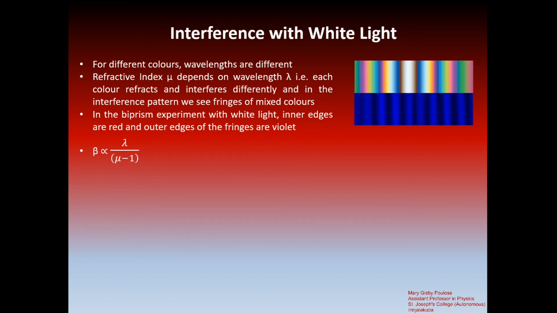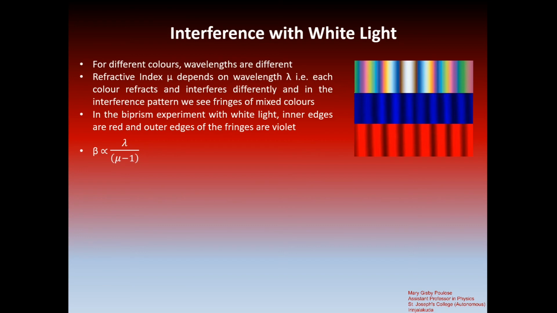Here, if we use only blue color to interfere, the pattern obtained is as such. Here we can directly measure the fringe width. The fringes seem to be a lot closer. But if we use a monochromatic source which is red in color, we again see fringes, but the fringes are further apart from each other.